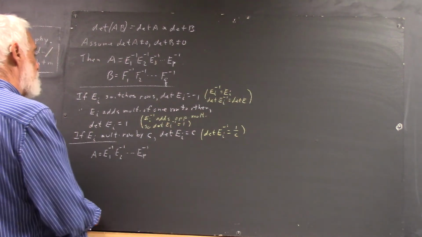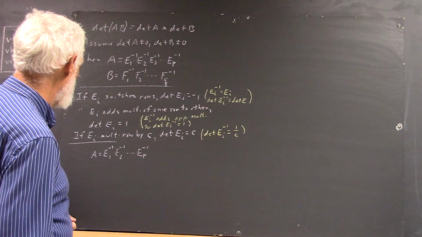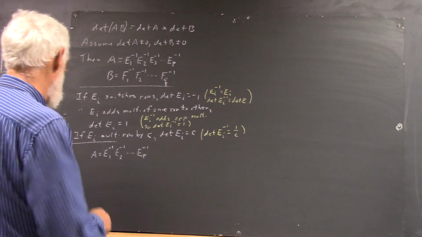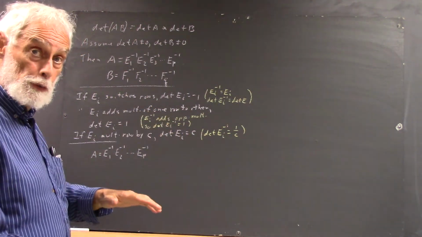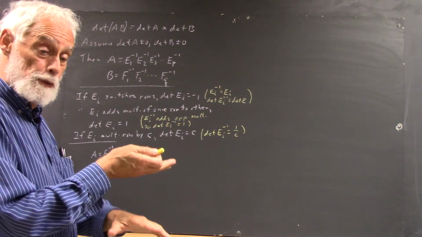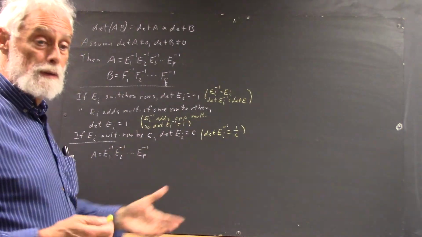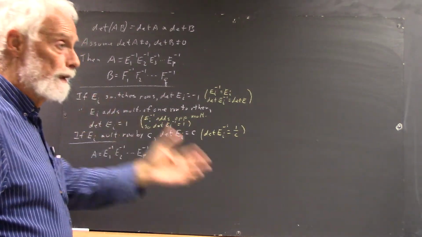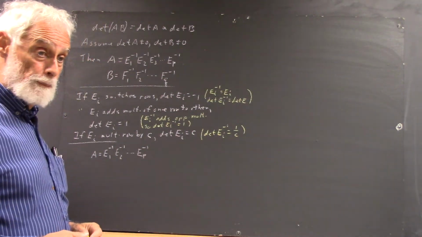If we compare, in reducing the matrix, if you switch two rows, the determinant of the matrix becomes the negative of whatever matrix you did the operation on.